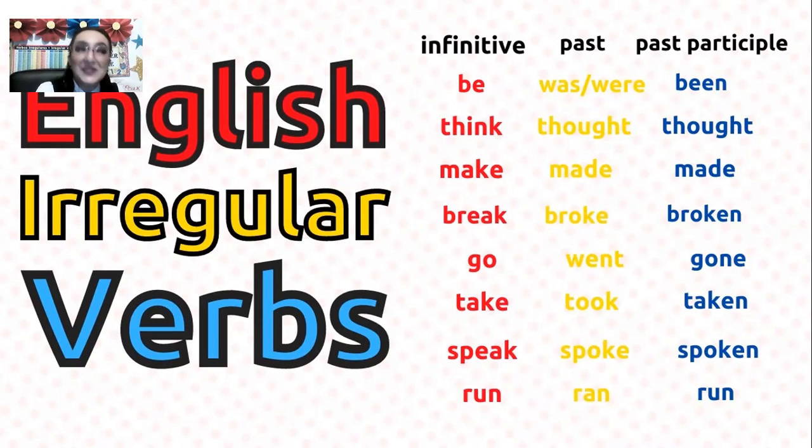Regular verbs are going to be the verbs that end with ED in past and past participle. They are not going to be changing their forms, okay? They are going to be the same in the different tenses. We are just adding the ED at the end, and that's it.